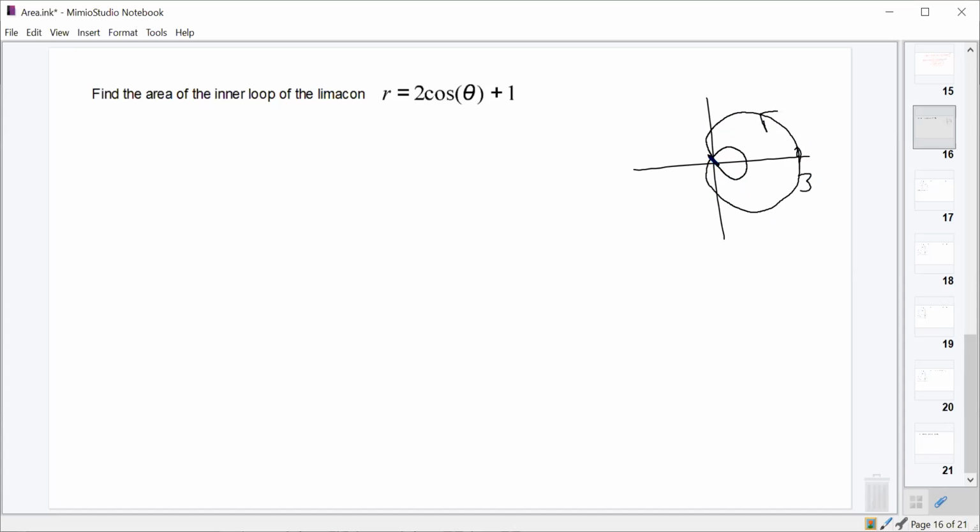And our inner loop always has the cusp of that inner loop at the origin. So we need to figure out when the r value is equal to 0 on this limaçon. There should be 2 places, and we'll take the first one and integrate to the second one, and that ought to give us everything inside of this inner loop. Everybody good with that or no?